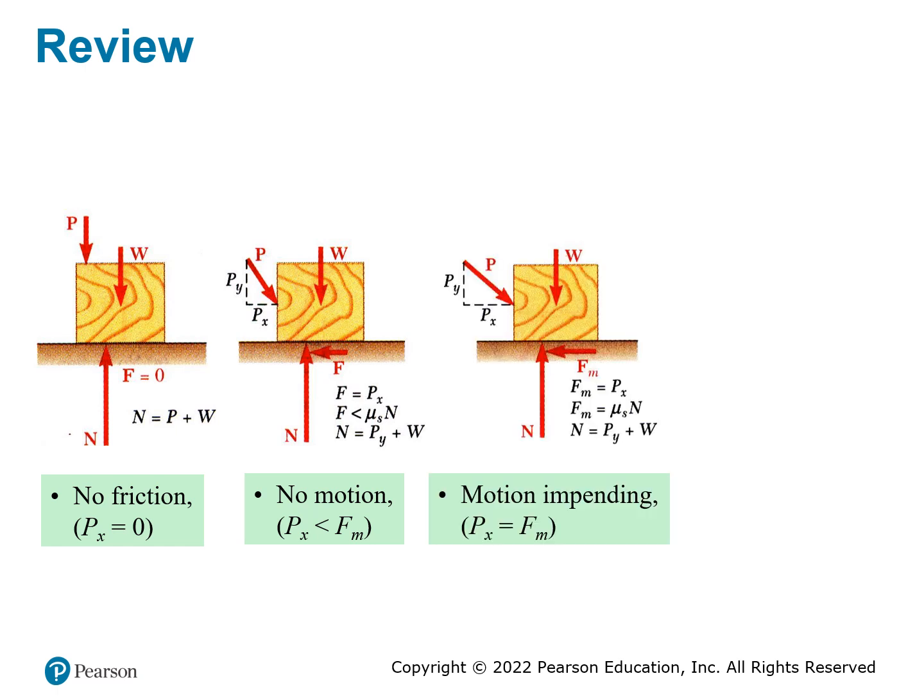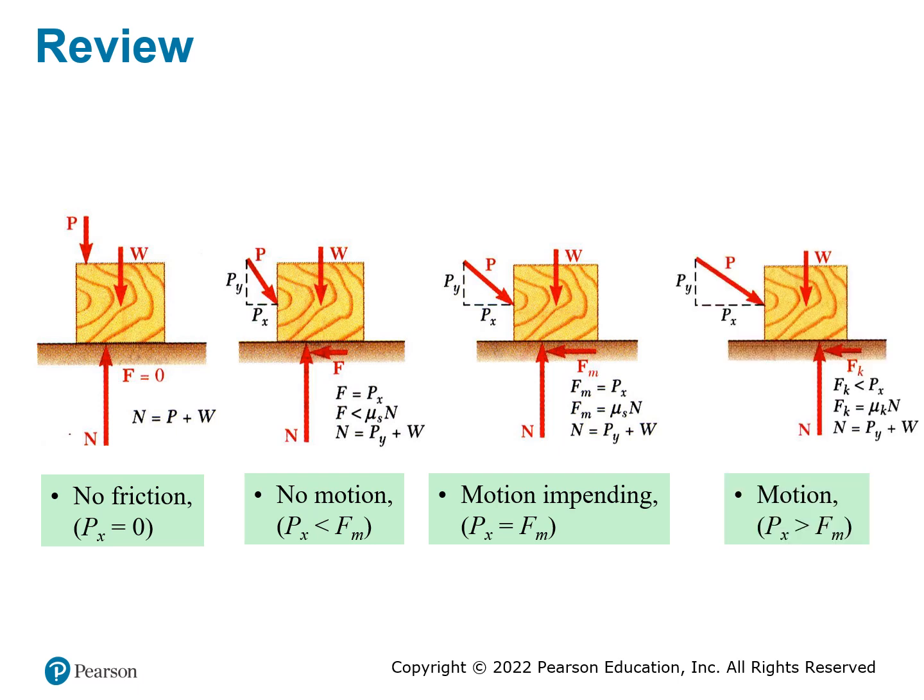You continue to increase the angle, so then at a certain point, this push force in the x direction will be equal to the maximum static friction force, and it will start to move. Once it starts to move, then the friction force will become an F of K, which is a kinetic friction force.